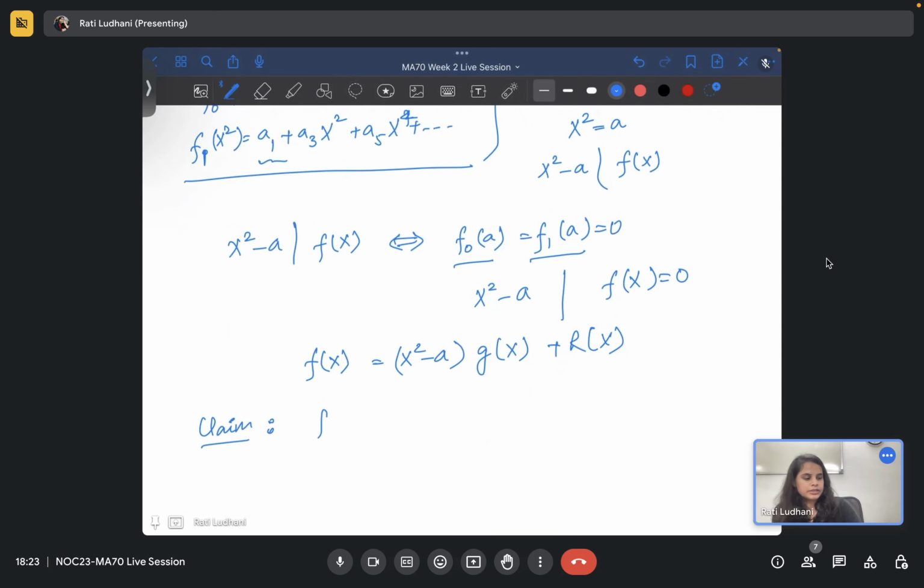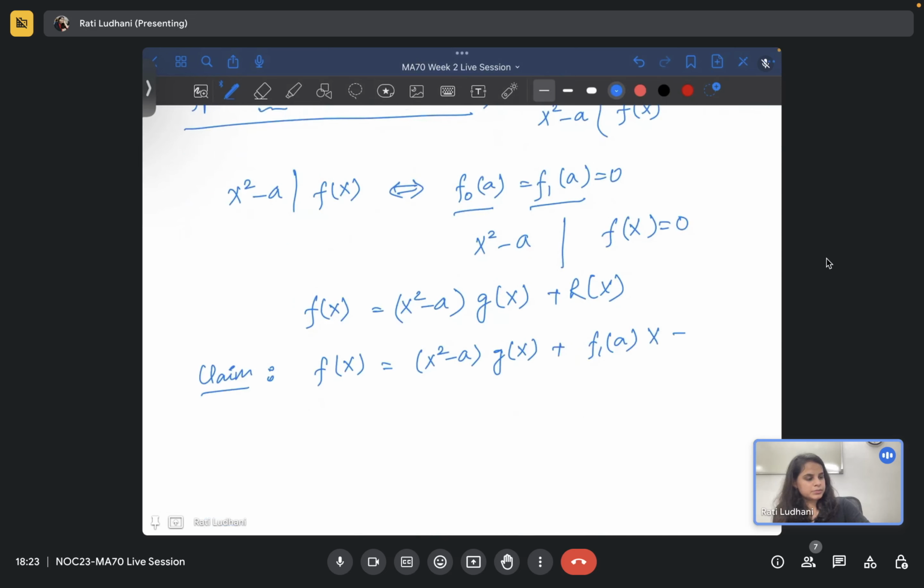That is what I was going to prove. The claim is f(x) is equal to (x square minus a) g(x) plus f1(a)x plus f0(a). What I'm saying is, in the division algorithm, when you divide f(x) by x square minus a, you will get exactly this quotient and remainder.